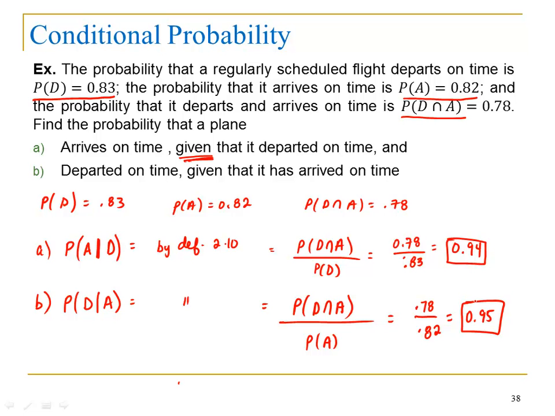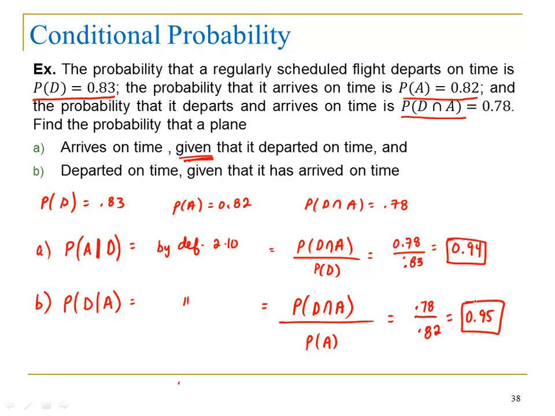Now, using that historical data, you're trying to make some predictions. So what you're saying is, based on the information that I have, the probability that the plane will arrive on time, given that it departed on time, is going to be this. So it's not like the plane already arrived. You see what I'm trying to say? We're using the historical information to make some predictions.